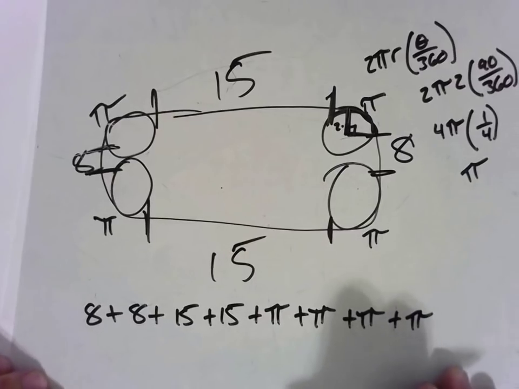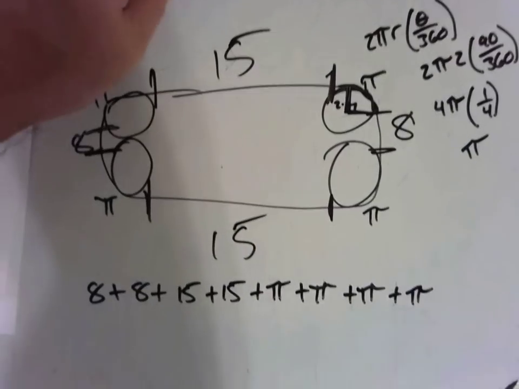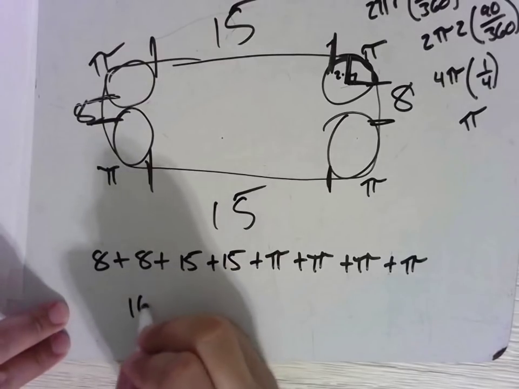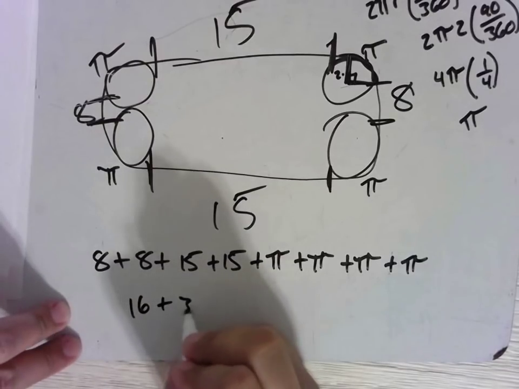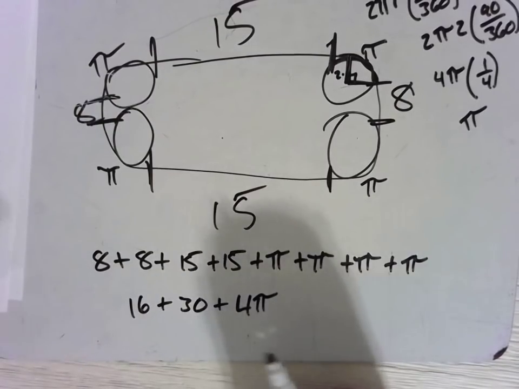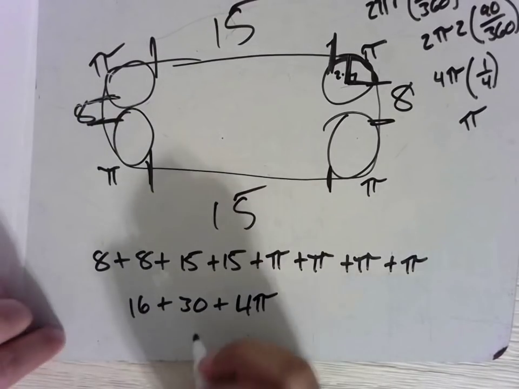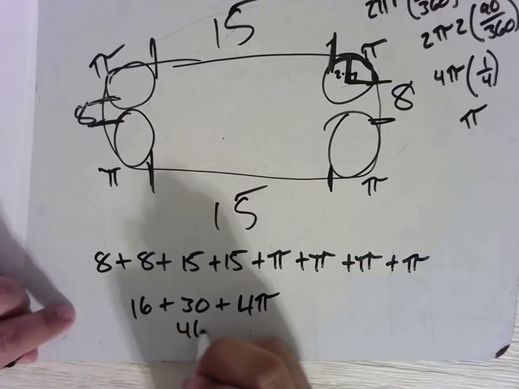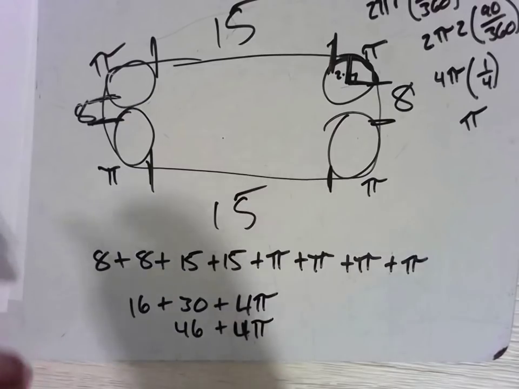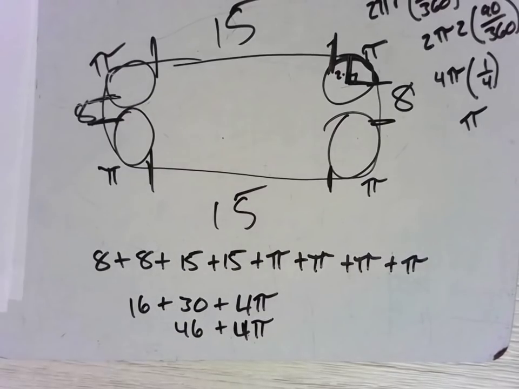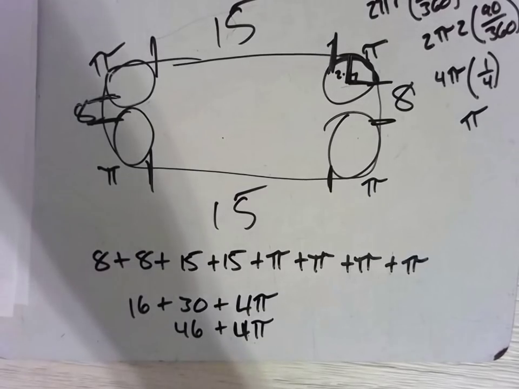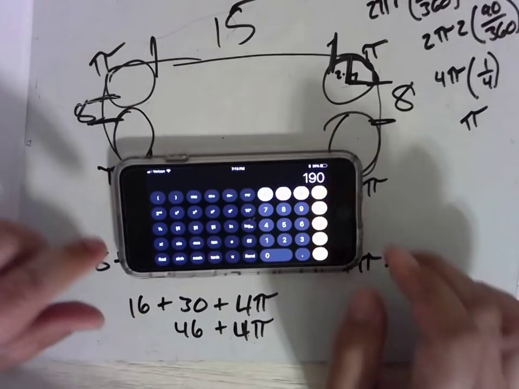And I know a lot of you are saying, what did you do that for? There's a lot easier way to write it down. You're right. 8 and 8 is 16. 15 and 15 is 30. And this is 4 pi. 16 and 30 is 46 plus 4 pi. So on your calculator, make sure you use the pi button.